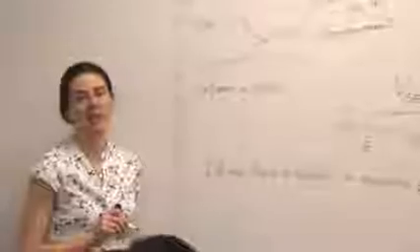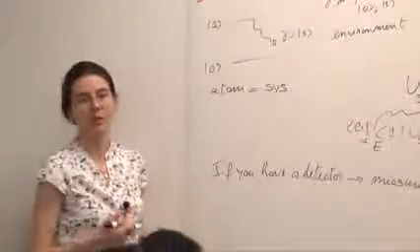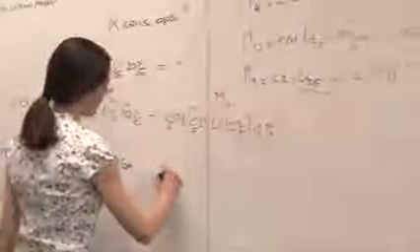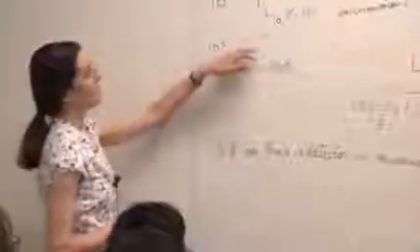What is your state after this measurement, the state of your system? It will just be the ground state. Because if you were in the 1 state, you emitted something and you went down to the ground state.